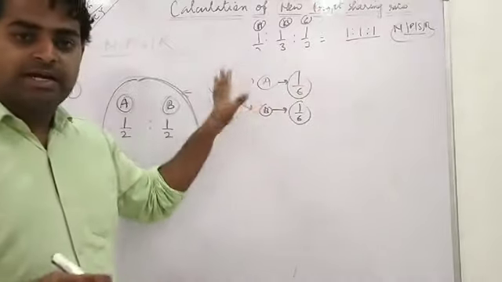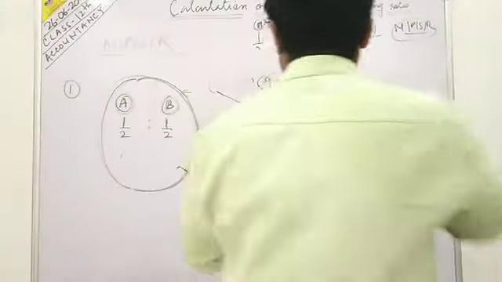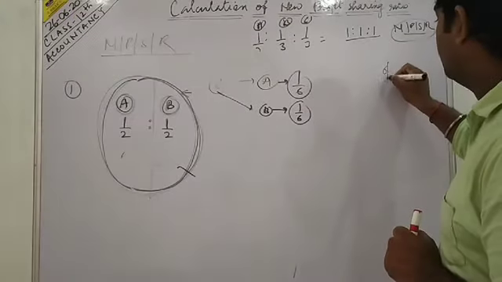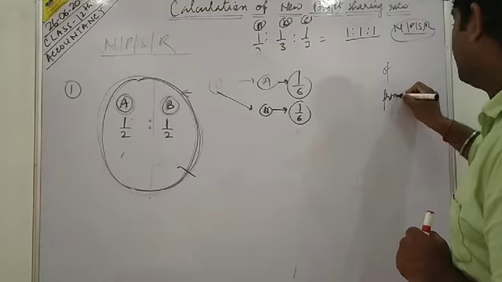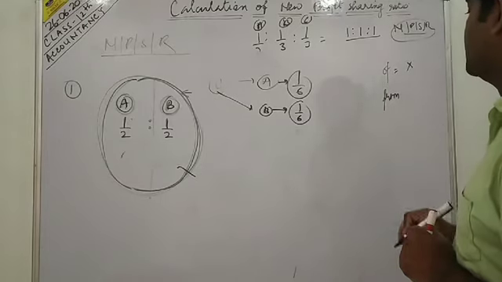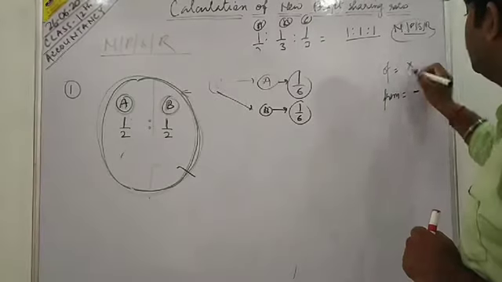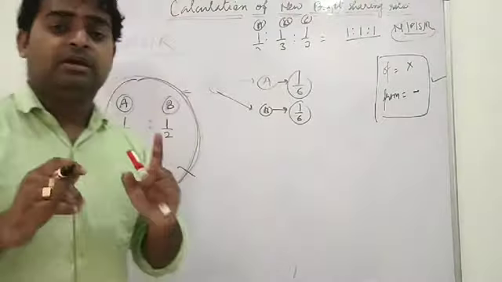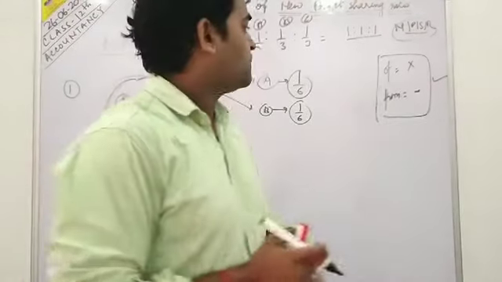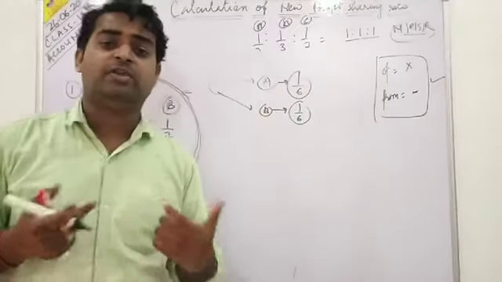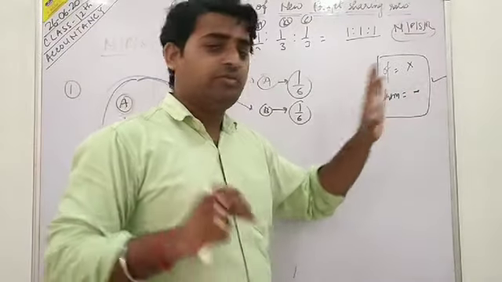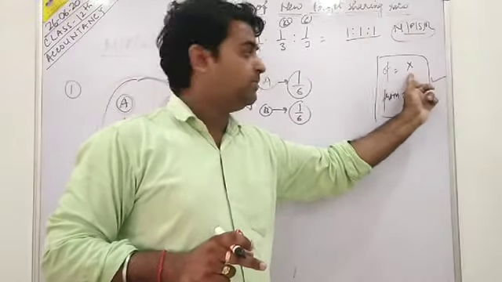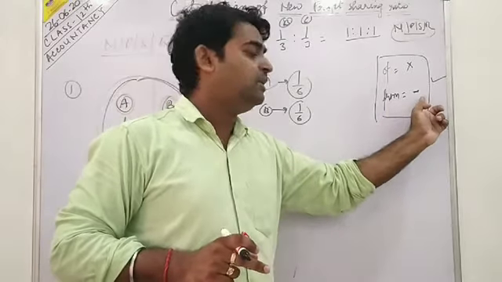It is given directly from A and from B. One thing I would like to tell you: if in the question the word "of" comes, then we multiply, and if "from" comes, then we subtract. It is a trick you can note down. Some students cannot understand where to subtract or where to multiply.